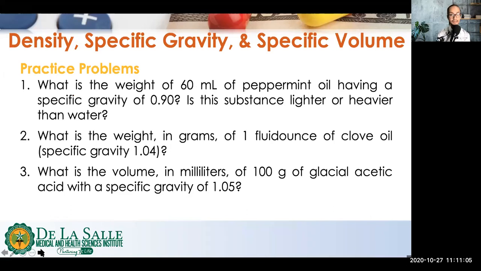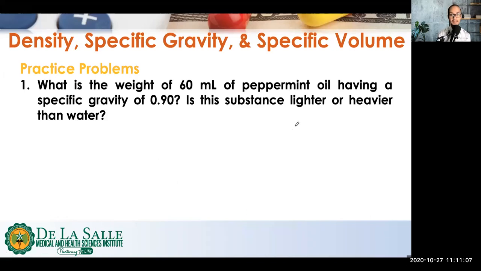Ayan. So first one is, what is the weight of 60 milliliters of peppermint oil having a specific gravity of 0.9? Okay? Yeah, so again, when you want to determine the weight of a substance, okay, you simply multiply the volume by the specific gravity, okay? So to get the weight of the substance, this is the volume of the substance times its specific gravity.